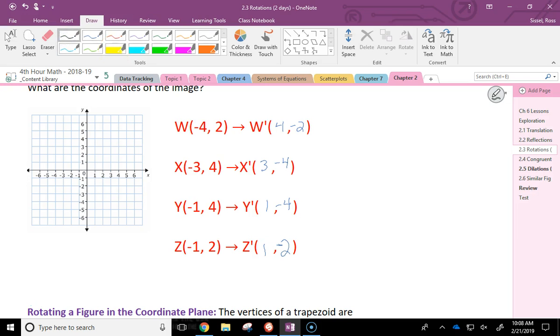We were here. I was at -4, 2. That was W. And then I was at -3, 4. -1, 4. -1, 2. Okay. In which quadrant was I located in the beginning?